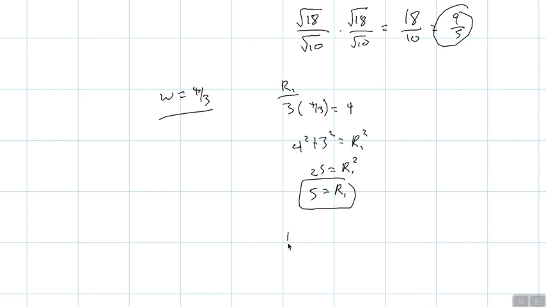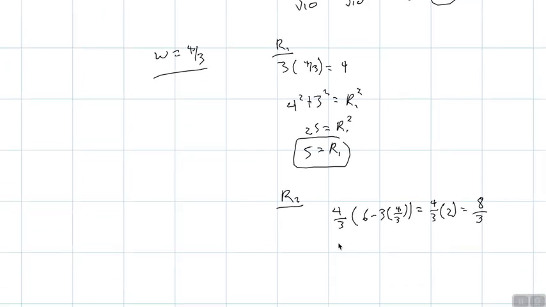Now looking at R2 here, I have this. And then also we're going to have 6 minus 3 times 4/3, which gives us 2. So here we have 8/3.